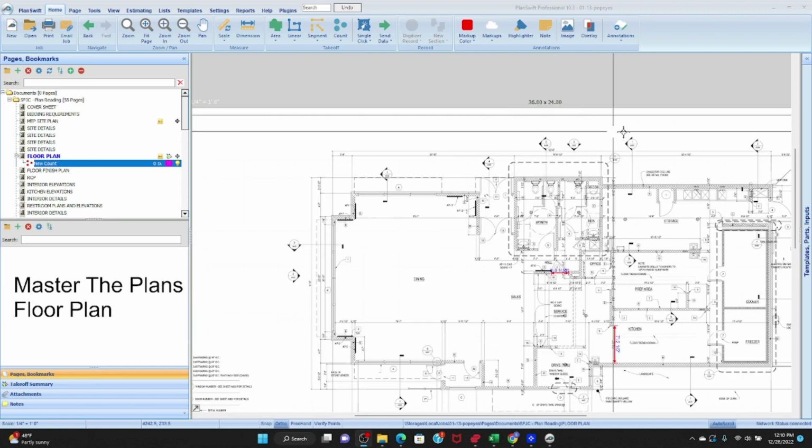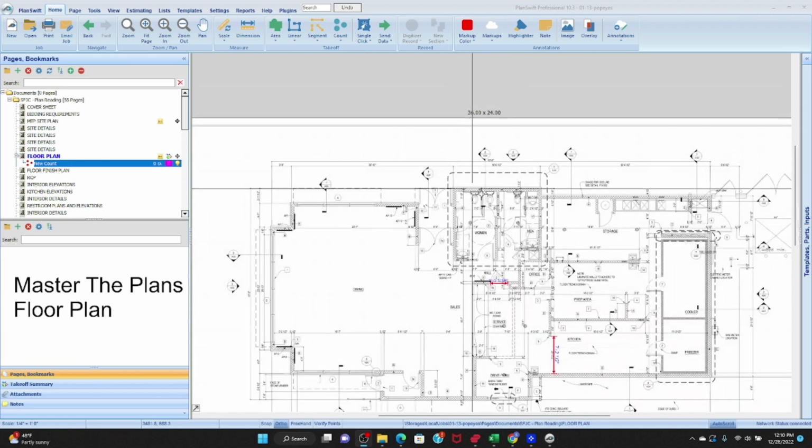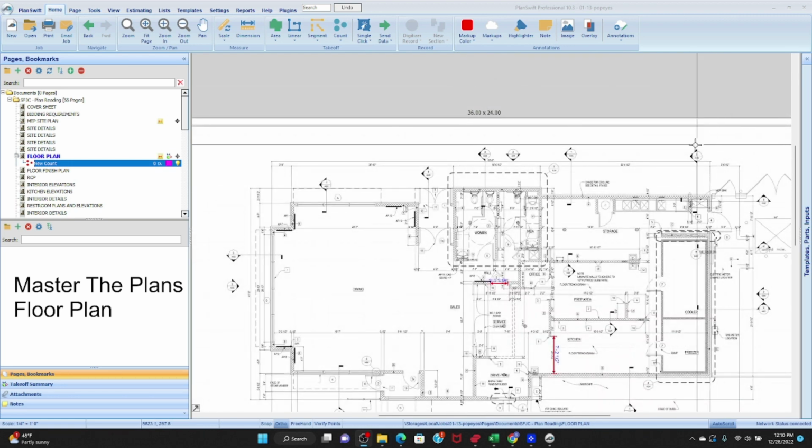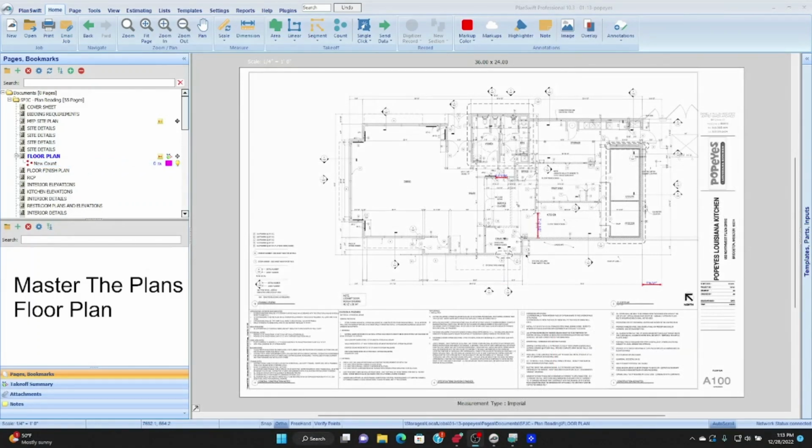Okay, so we have these section views all over the plan, and those are the words from the architect saying that basically our wall is built different here than it is here, than it is at the door, than it is at the window. And so if we go to the next step, which is to complete a takeoff, the takeoff is going to be broken down based on those section views.